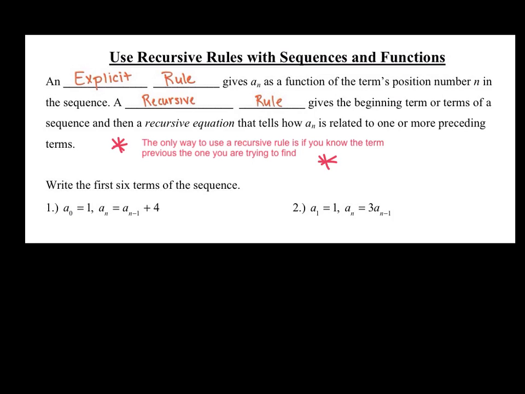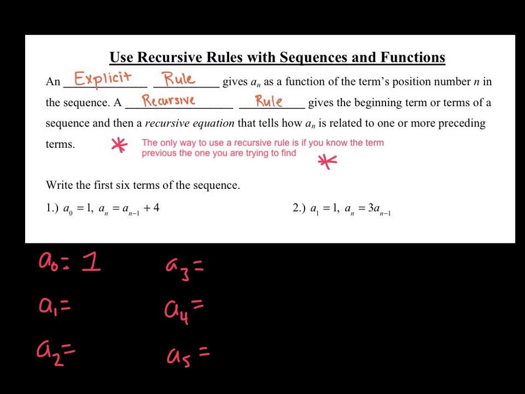So the 6 terms that we're trying to find are a sub 0, 1, 2, 3, 4, and 5.